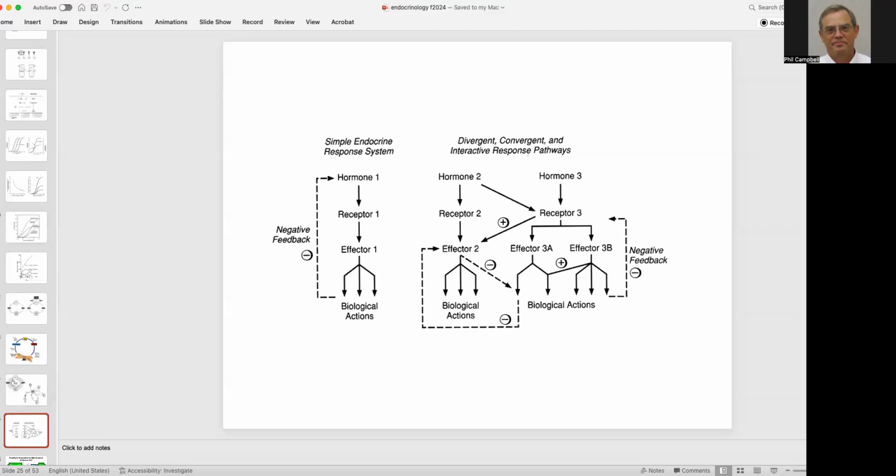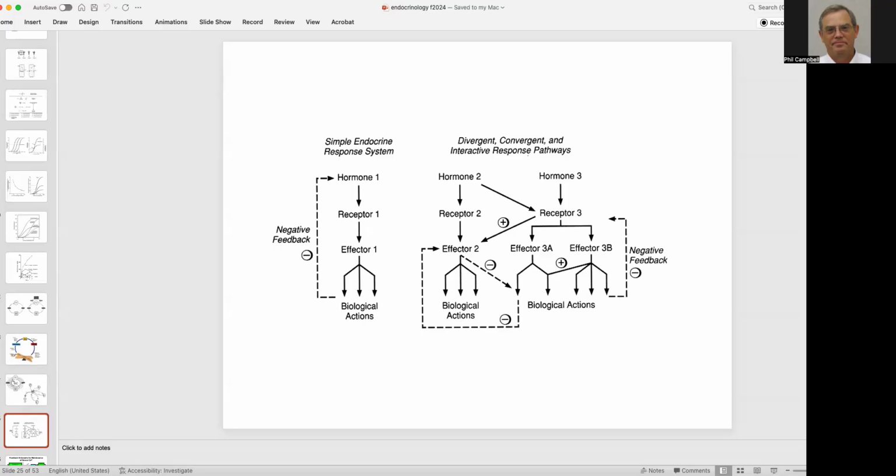But things are seldom that simple in the body because we can have multiple things. Just generally speaking, we have two different hormones. This hormone has its own receptor, its own set of effectors, and its own set of biological actions and negative feedback. Hormone 3 has its own receptors, but it elicits multiple effects. They have their own negative feedback.